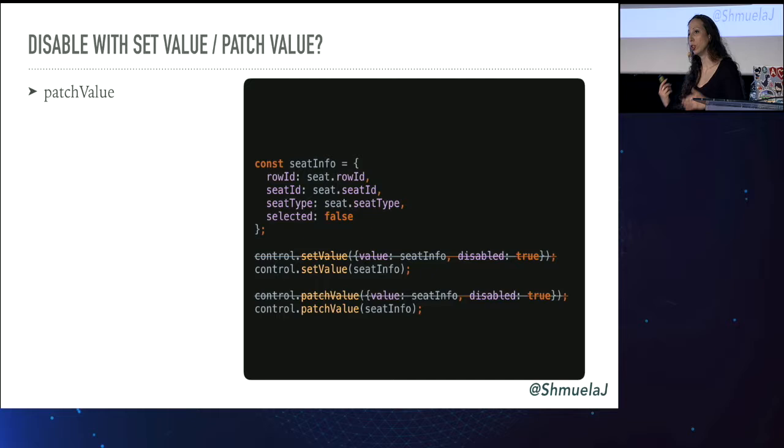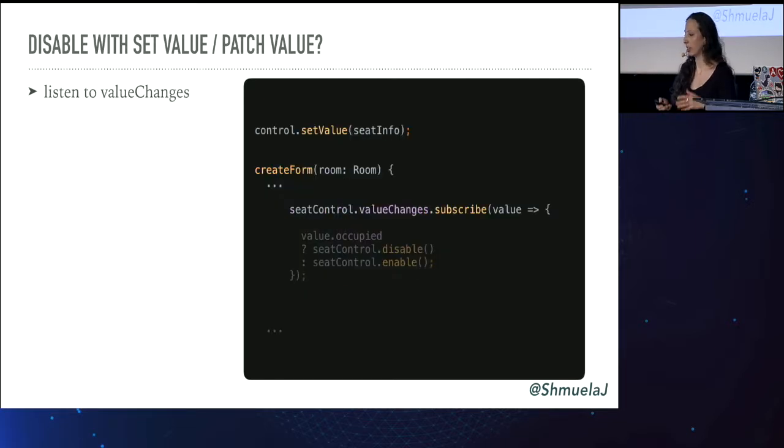But if you do want to use set value or patch value to catch the value, if you do have the member occupied or not on the value and you want to react to it, then you can listen to the value change.